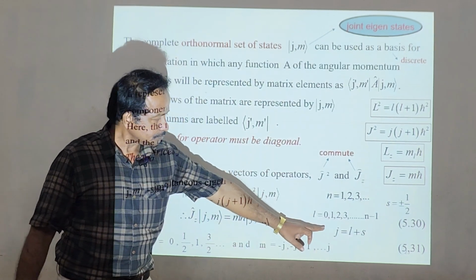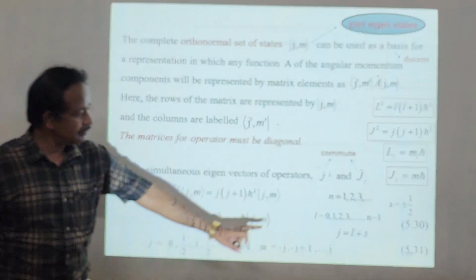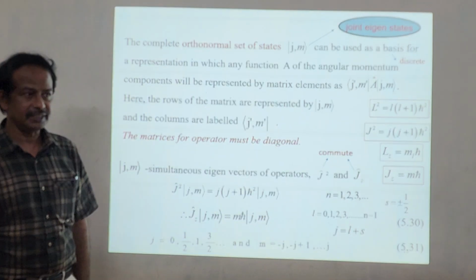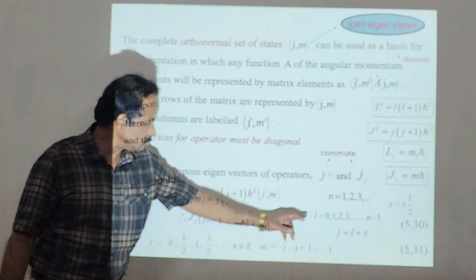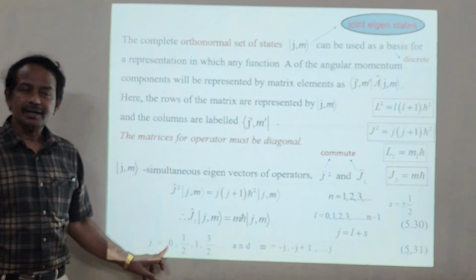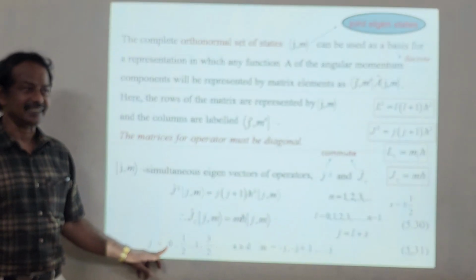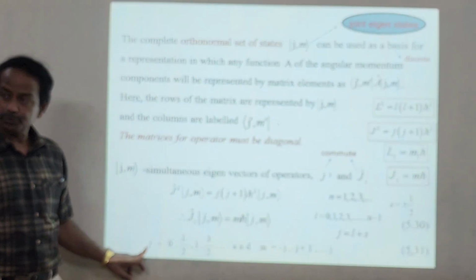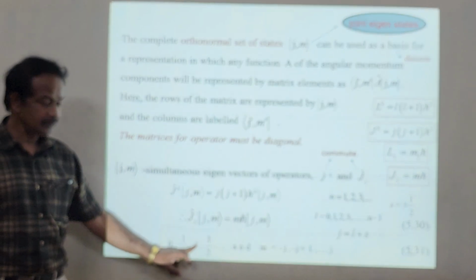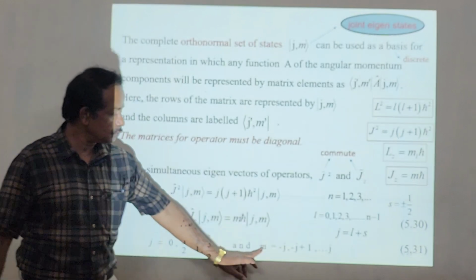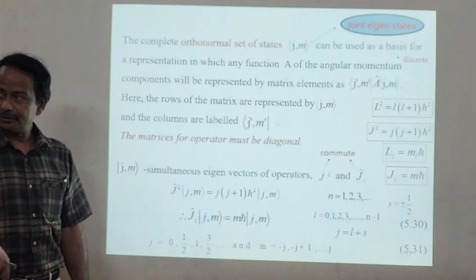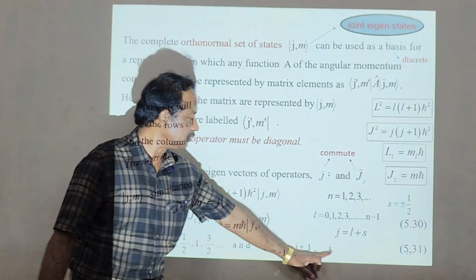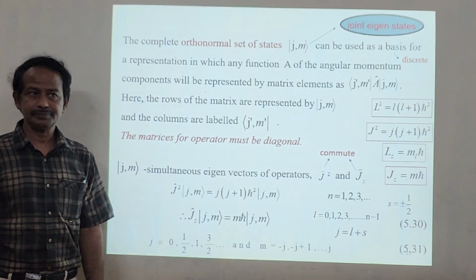Your J you get by adding these two, L plus S, where S is plus or minus 1 by 2 for electrons. That gives you half integral plus integral numbers. This is a very important concept. So J goes from 0, 1 by 2, 1, 3 by 2 and so on, and M goes from minus J to plus J. So this is the maximum value and this is the minimum value.